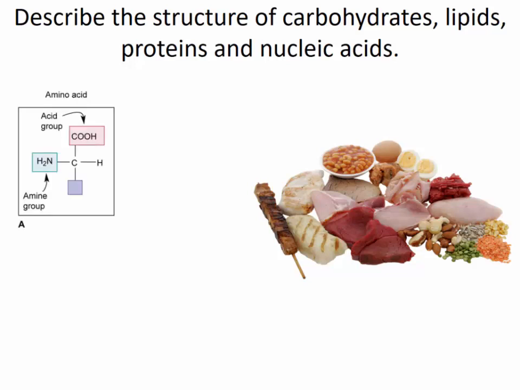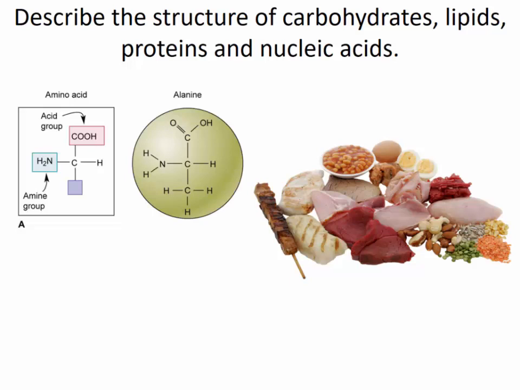It's the basic structural unit. It's made up of a central carbon, and then bound to that central carbon is an acid group, an amine group, a hydrogen atom, and then the purple portion here in this image is one of several other molecules. Because overall there are 20 different types of amino acids that all differ from each other based on what is found in that R group area.